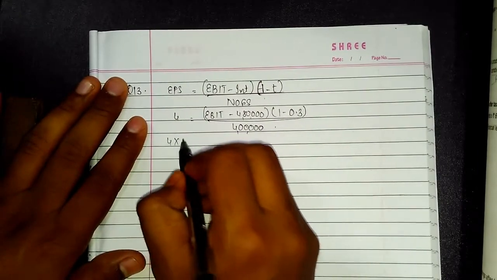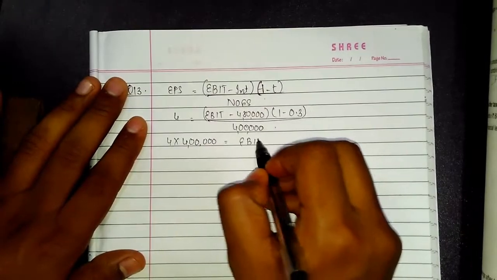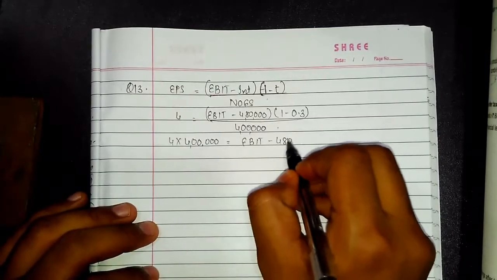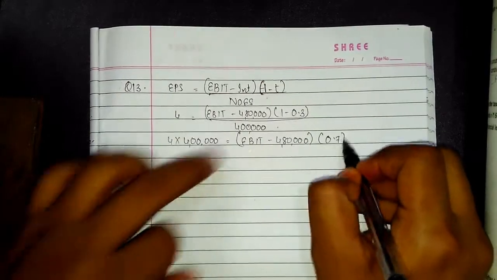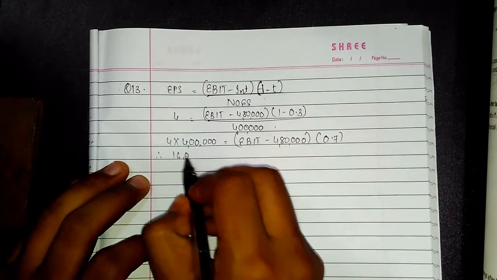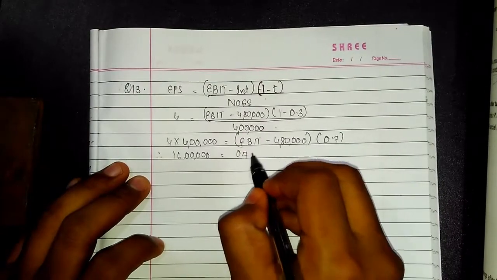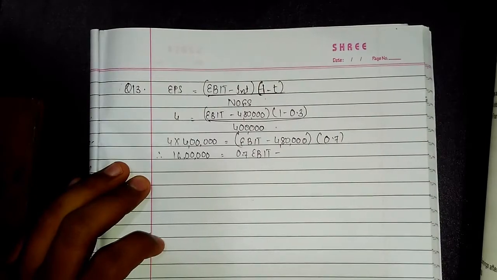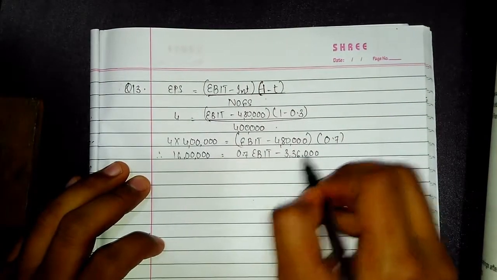So 4 into 4 lakhs is equal to EBIT minus 4,80,000 into 0.7, since 1 minus 0.3 is equal to 0.7. So therefore 16 lakhs is equal to 0.7 EBIT minus 4,80,000 into 0.7, which is 3,36,000.